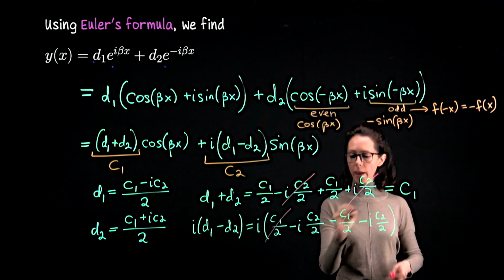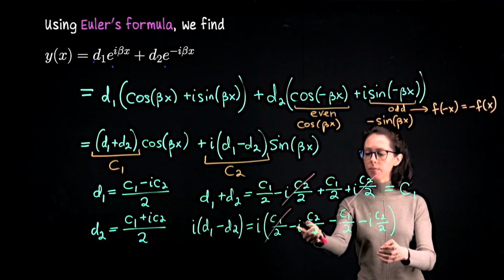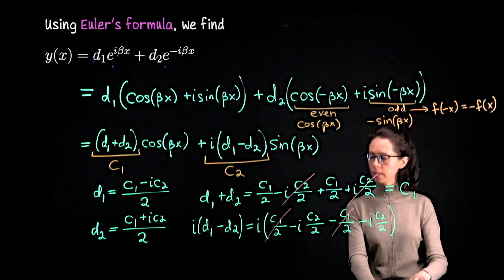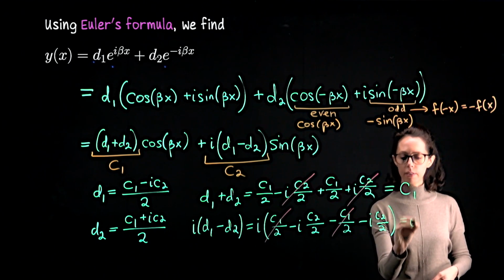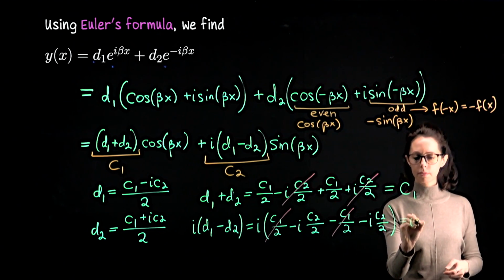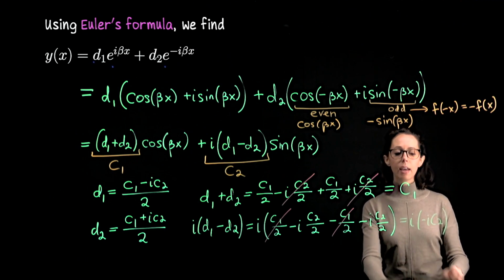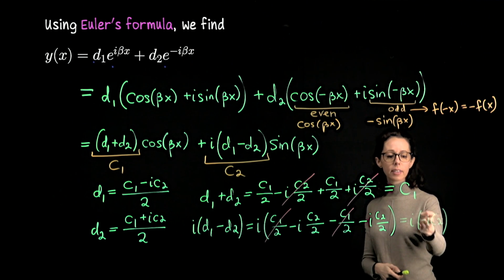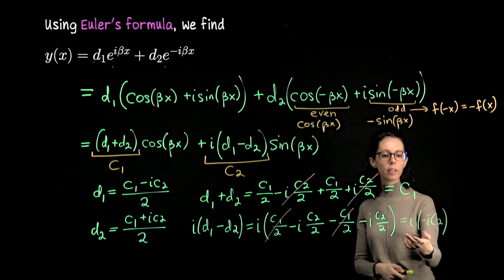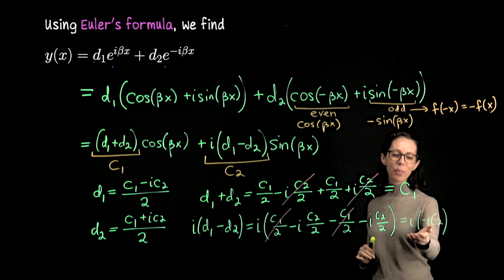So the c1 terms go away, and we are left with, inside the parentheses, negative i c2 over 2 minus i c2 over 2, so that overall, this is i from out front times negative i c2. Negative i times i is negative 1 times i squared. i squared is negative 1, so this is negative 1. So positive 1 is what I'm trying to get to. So this is overall c2.